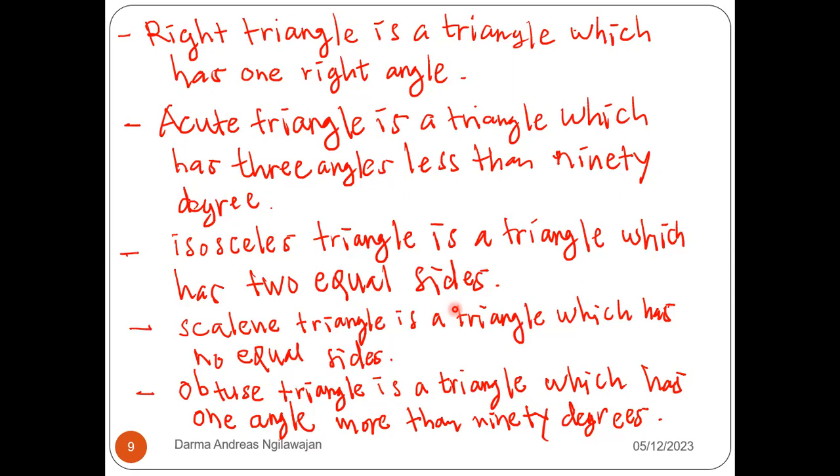As you can see, the first sentence: right triangle is a triangle which has one right angle. That is the first sentence. So I will check it.